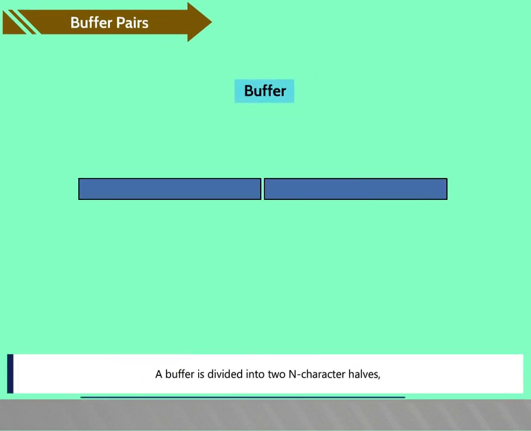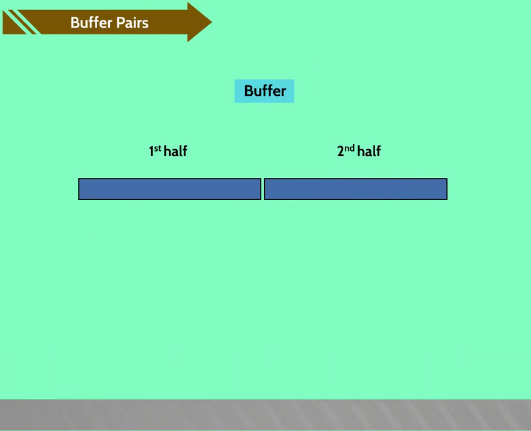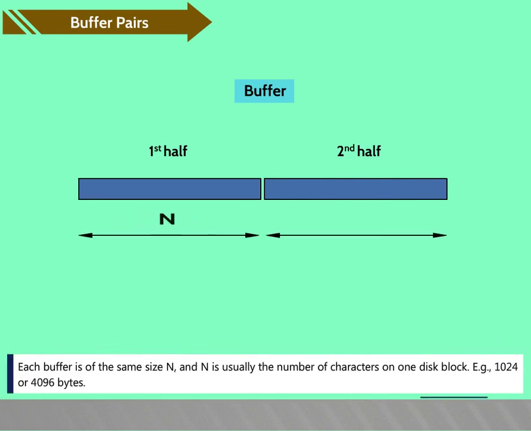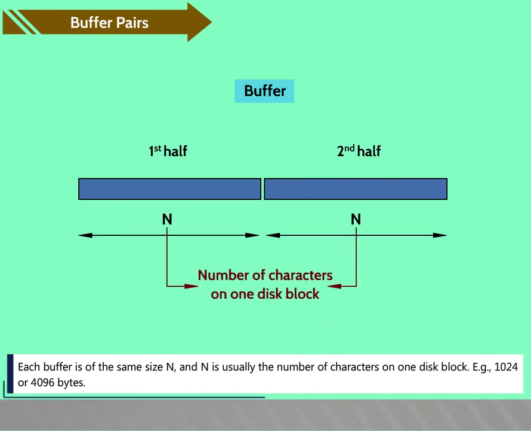Buffer pairs. A buffer is divided into two n-character halves. Each buffer is of the same size n, and n is usually the number of characters on one disk block, for example, 1024 or 4096 bytes.